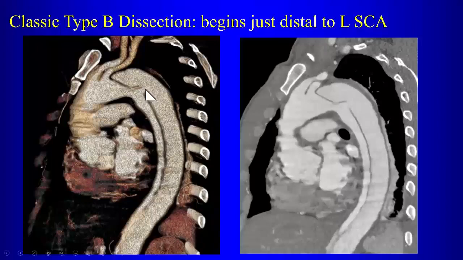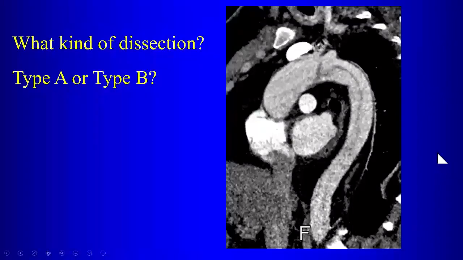But even if the entry tear is located distally, the dissection propagates forward and backwards. It could propagate forwards as far as it wants, but when it propagates backwards, it tends to stop right at the takeoff of the left subclavian artery. That's why you get this classic appearance for these type B dissections. Even though the entry tear is located more distal, that proximal propagation stops at the origin of the subclavian artery. So it's a classic appearance of a type B dissection.